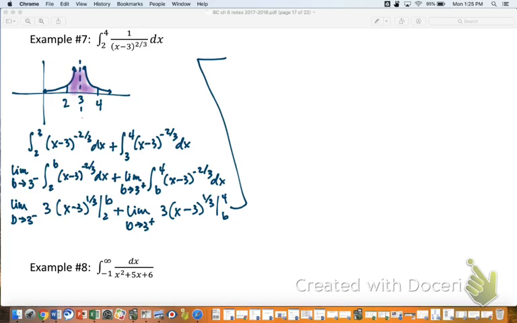All right, so then we come back over here, and I'm going to do my FTC1. So limit as b approaches 3 from the left. Should start to take shape.